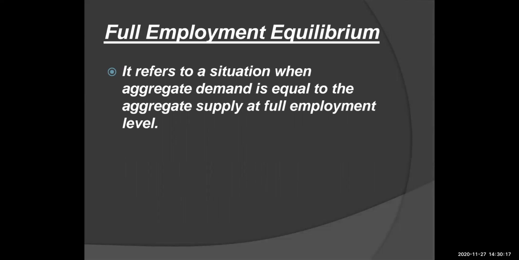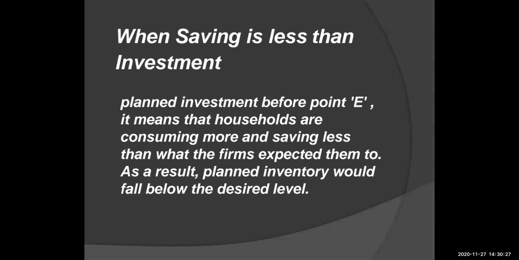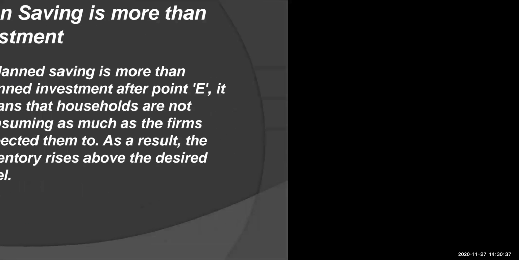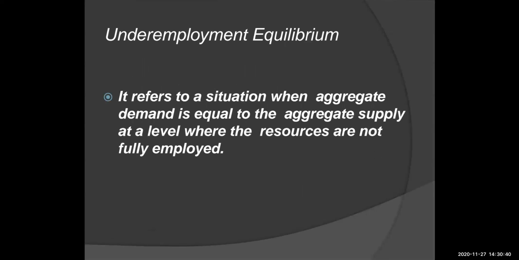Then what is full employment equilibrium? It refers to the situation when aggregate demand is equal to aggregate supply at the full employment level. We can see that in this curve or diagram, where we can achieve full employment when both are equal. Then what is underemployment equilibrium?